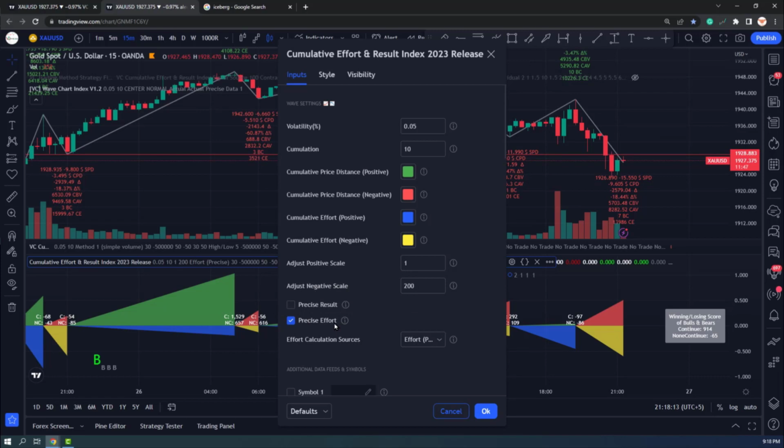If they try to manipulate the market with iceberging or any other tactics with the volume, efforts, open interest, demand and supply, our system, the cumulative effort and result index, will capture that manipulation, remove it, and give you a clear picture of the market.